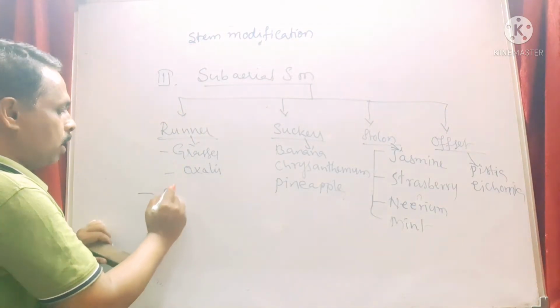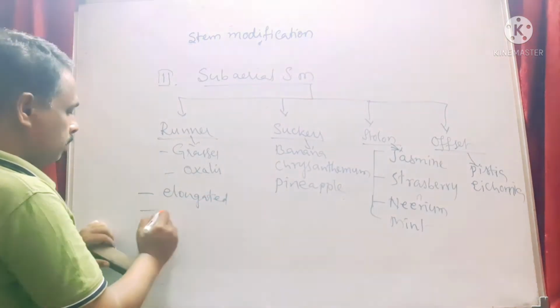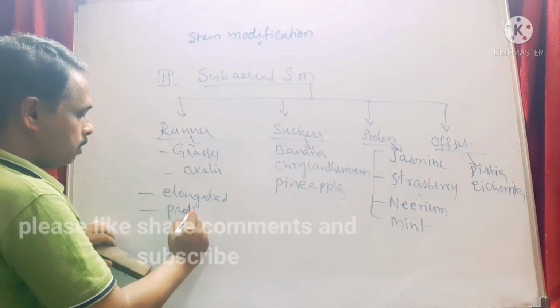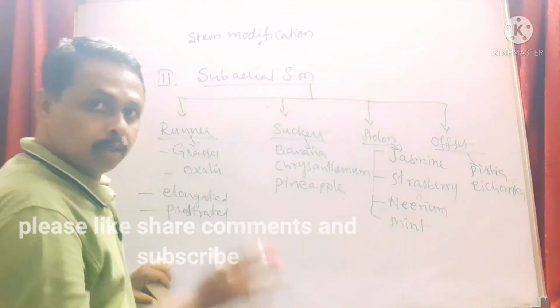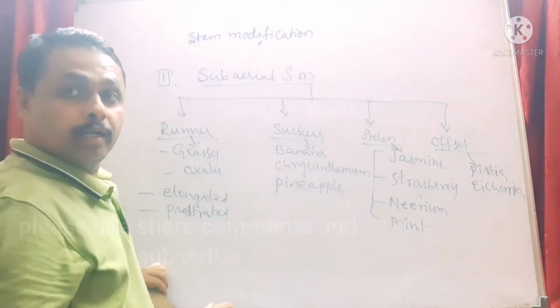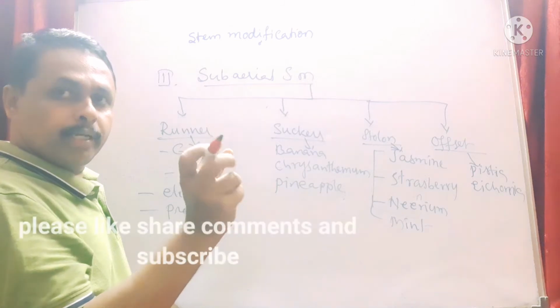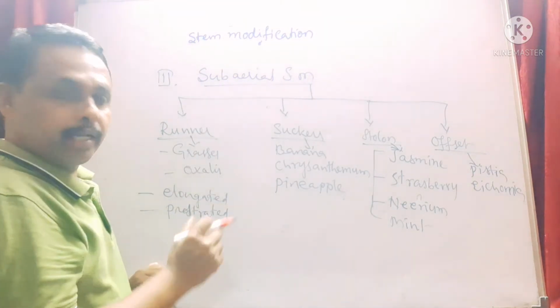Runner is elongated, prostrated, which means creeping. It is subaerial, not completely aerial, not completely underground. In medium places it will grow, right? That's why they are called subaerial plants.